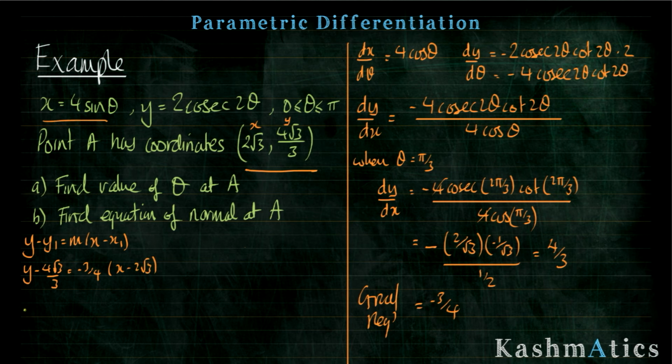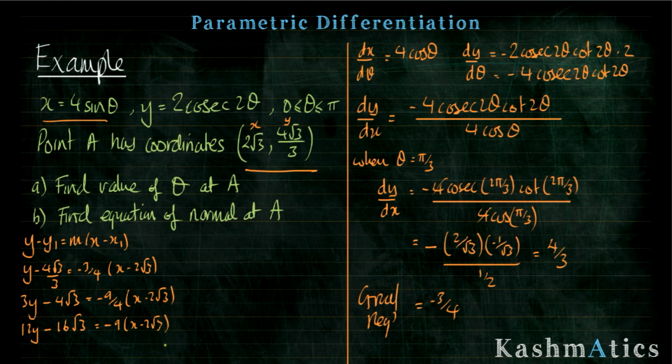Now normally we're asked to work out the equation in the form ax plus by plus c equals 0, and that's what we're going to do here. So let's multiply everything by 3 to get rid of this 3. So 3y take away 4 root 3 equals minus 9 over 4 (x minus 2 root 3), and then multiply by 4 to get rid of this 4. 12y take away 16 root 3 equals minus 9 (x minus 2 root 3).